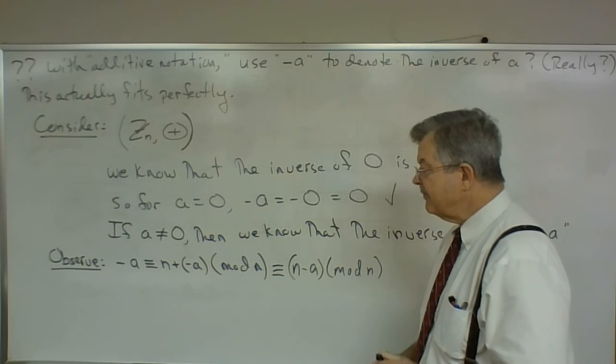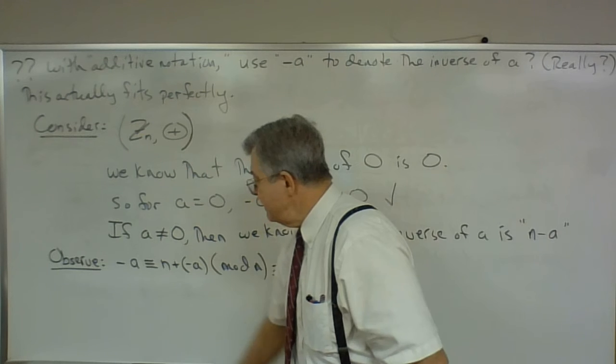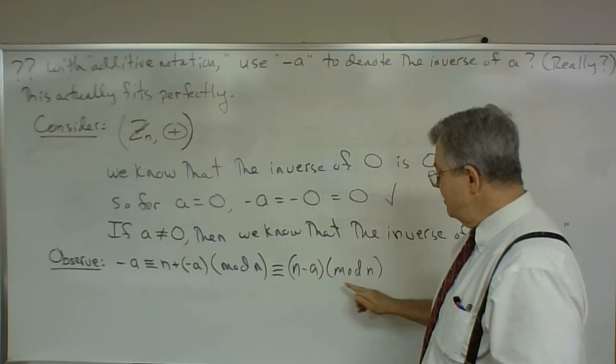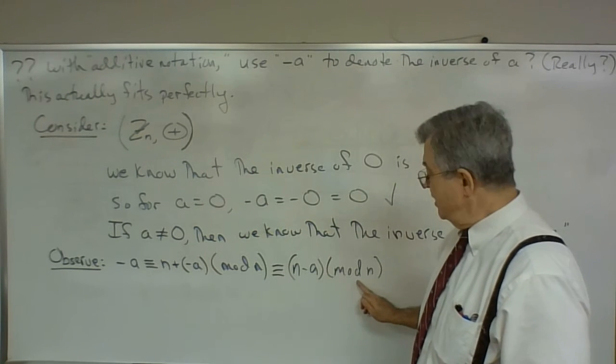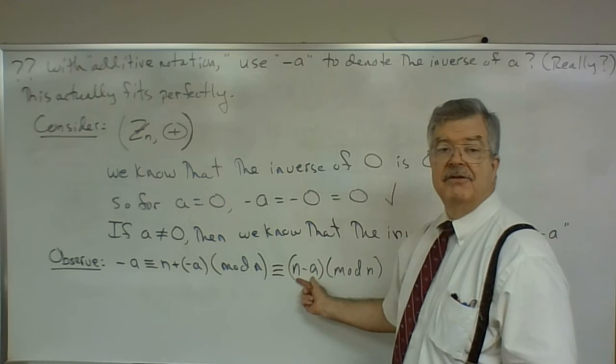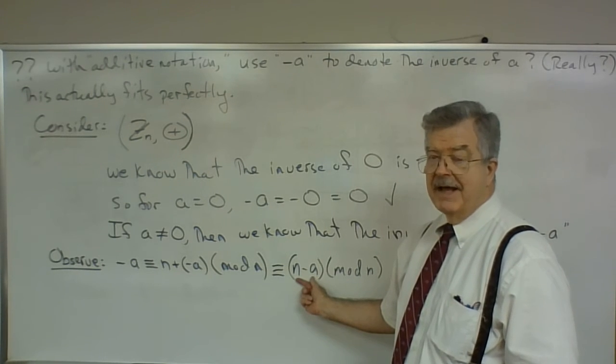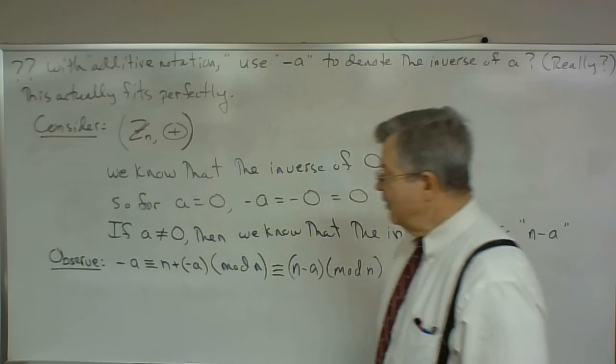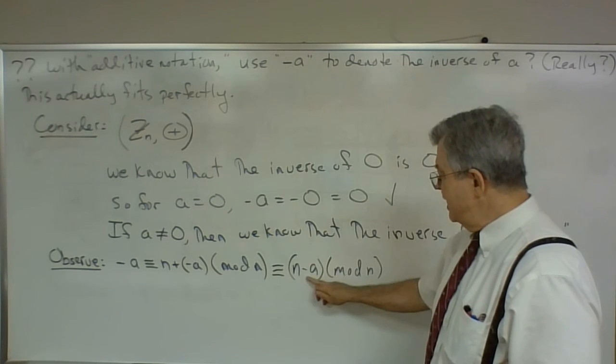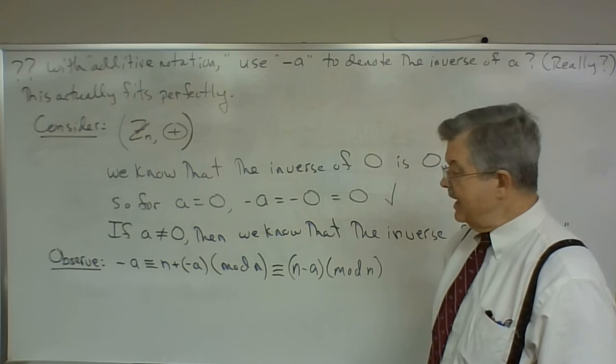It's n minus A mod n. So negative A is congruent to n minus A mod n, where we've already recognized that n minus A is the inverse of A. Well, minus A and n minus A are congruent modulo n.